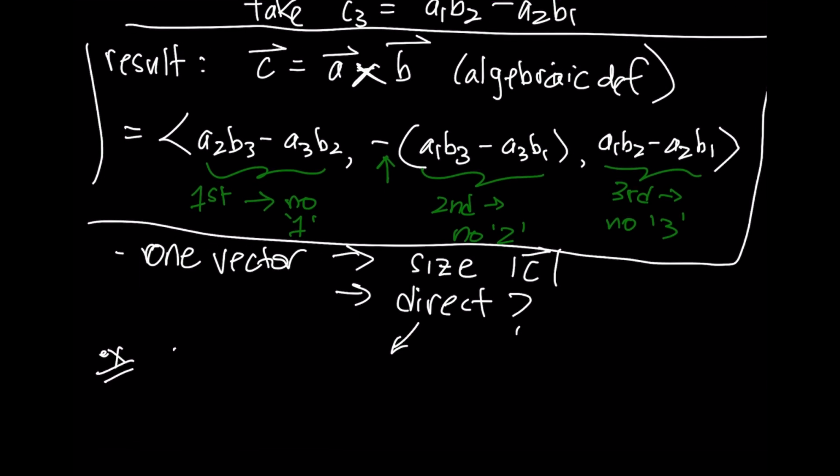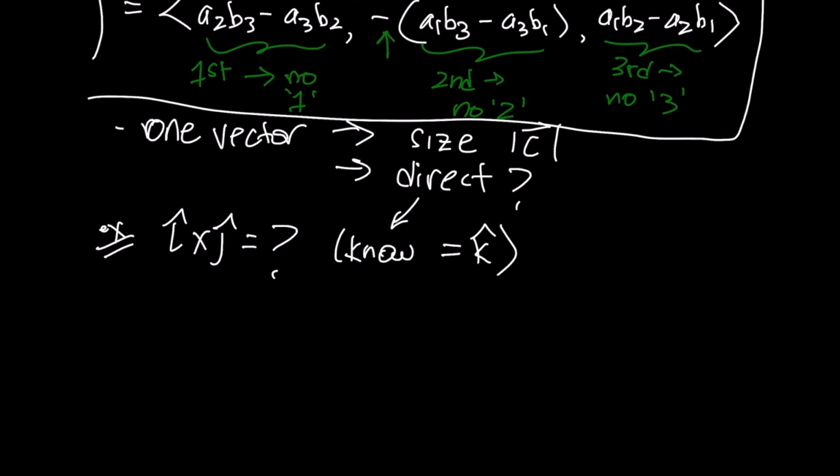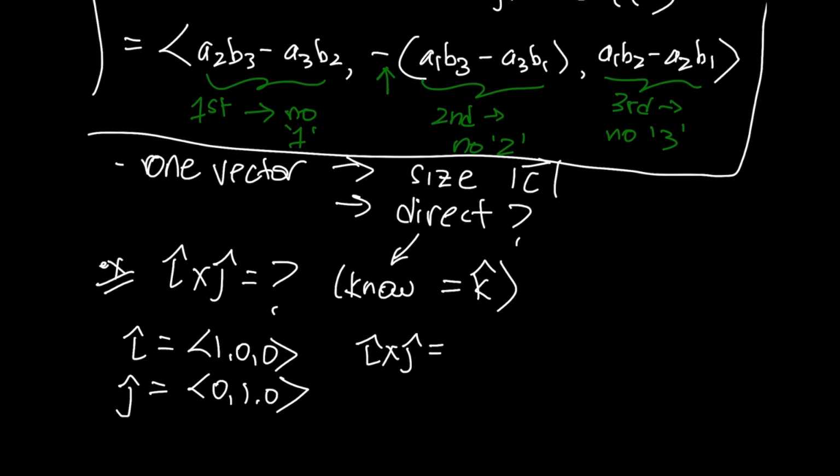If I were to use this formula and say I cross J, I already know that the answer has to be equal to K, but I want to see if my formula will produce this result. So I is 1, 0, 0. J is 0, 1, 0. The first component is supposed to be A2 times B3.